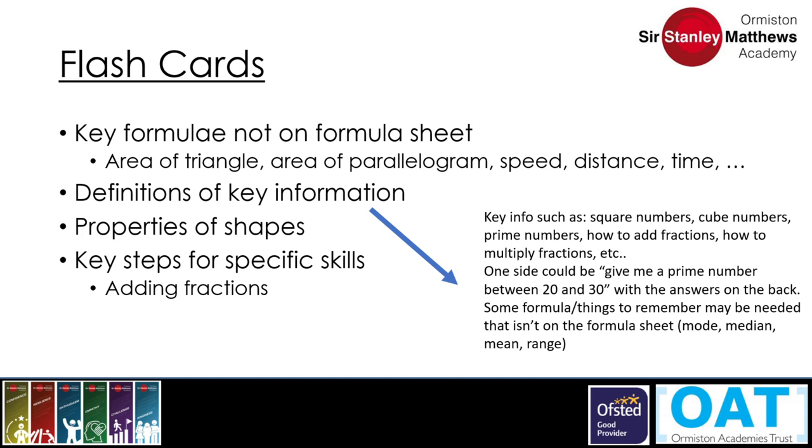For example, on one side of the flashcard, it might say area of a triangle, and on the other side, it'll say half base times height. Students can practice these themselves or at home with parents, who can hold the cards up and ask what's meant to be on the other side. This is for your AO1. If you can regurgitate enough AO1 information, you'll put yourself in a really good position to pass.